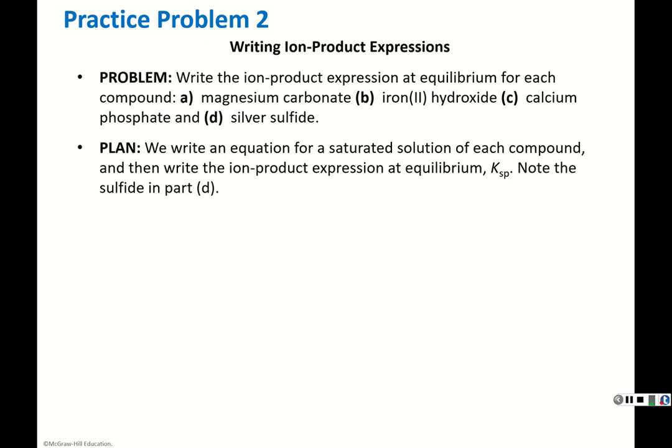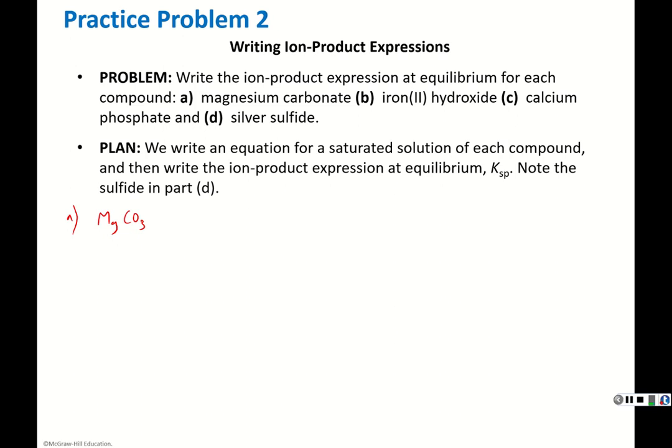Okay, so we're writing the ion product expression at equilibrium for each compound: magnesium carbonate, iron(II) hydroxide, calcium phosphate, and silver sulfide. The first thing we need to do is write the chemical reactions that are occurring here. So magnesium carbonate.